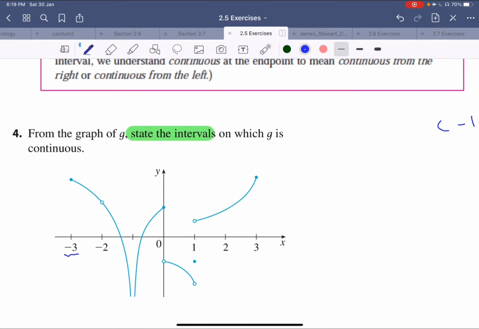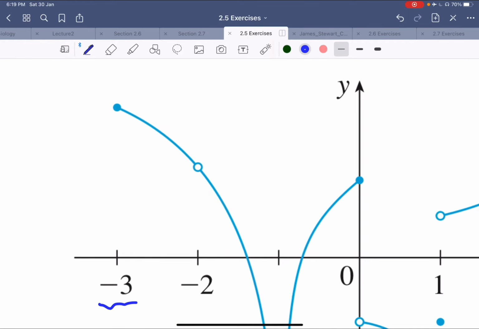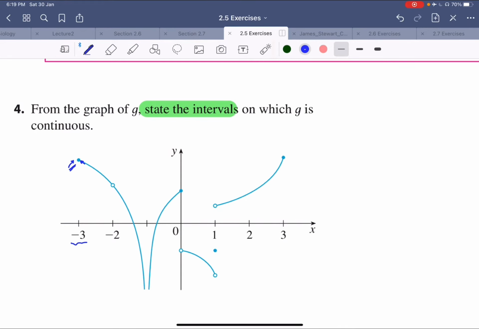So basically فينا نحكي إنه عند -3 it's only continuous from the right because من left ما عندنا قيم. تمام. So when we state the interval we know the differences between the brackets اللي هي curved brackets وال rectangular brackets. Rectangular brackets إذا حطيت واحد هون which means that I include this number.